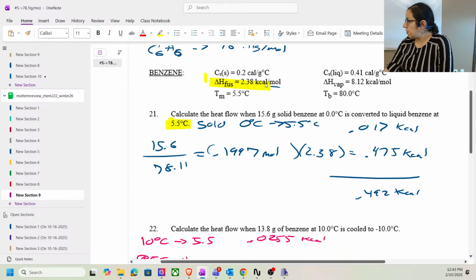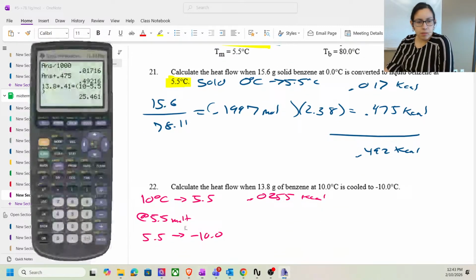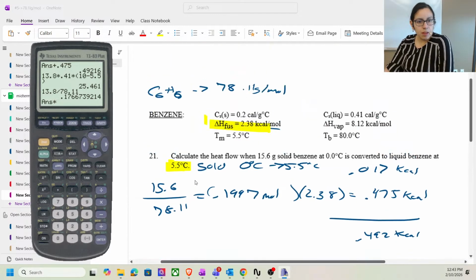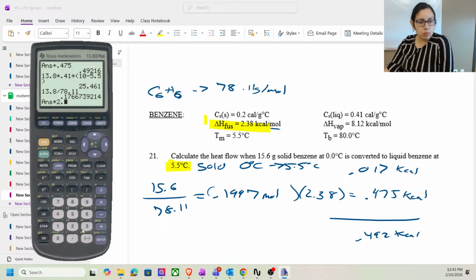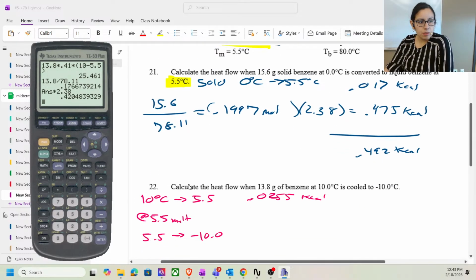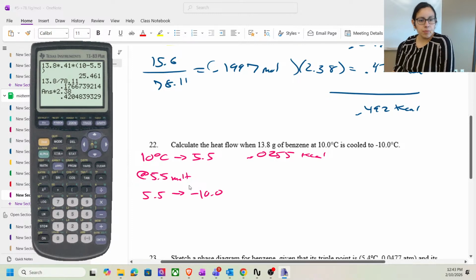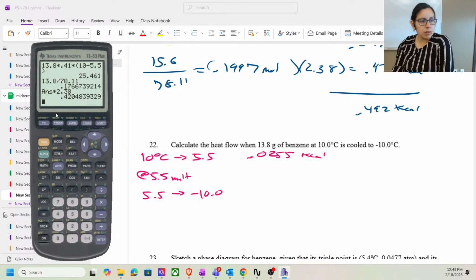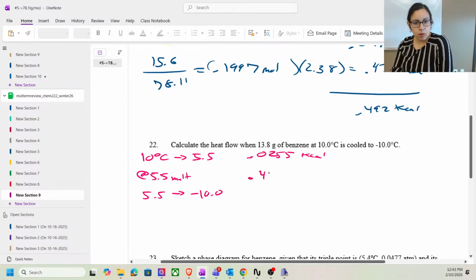Then we'll do our melting, but we have to convert to moles. So now we take our 13.8 grams of benzene divided by 78.11. That gives us moles times, again, heat of fusion, so 2.38, for the state change. So about 420 calories, or 0.420 kcal.